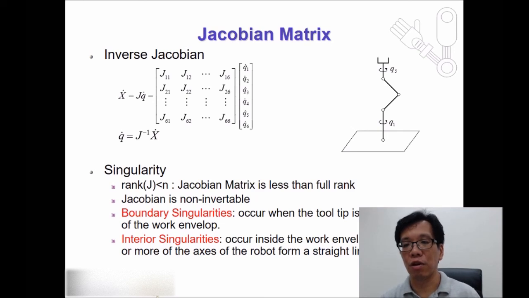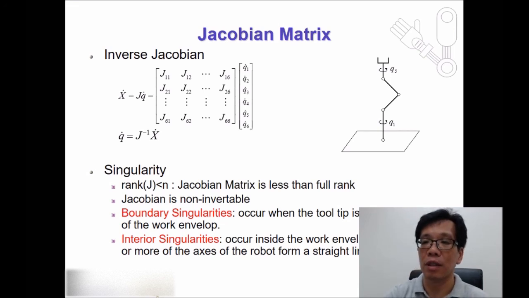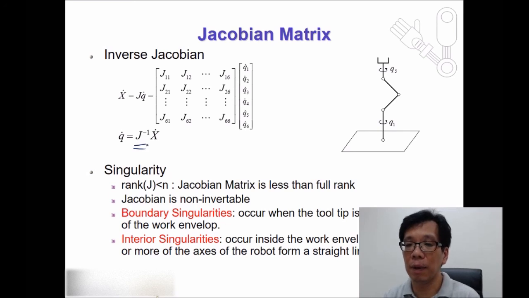So this page talks more about the Jacobian matrix. If we want to inverse that, and it's full rank or a square matrix, we can just use the inverse to do that. Depending on the situation, we might have different singularities. Sometimes it's non-invertible.